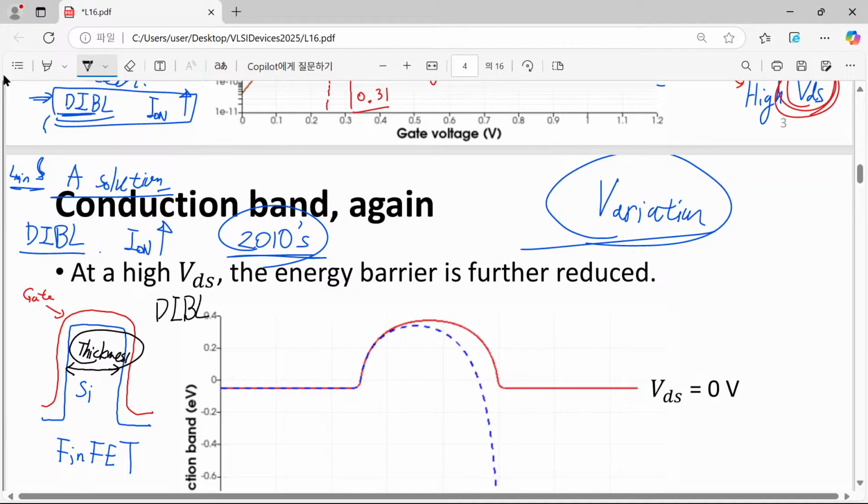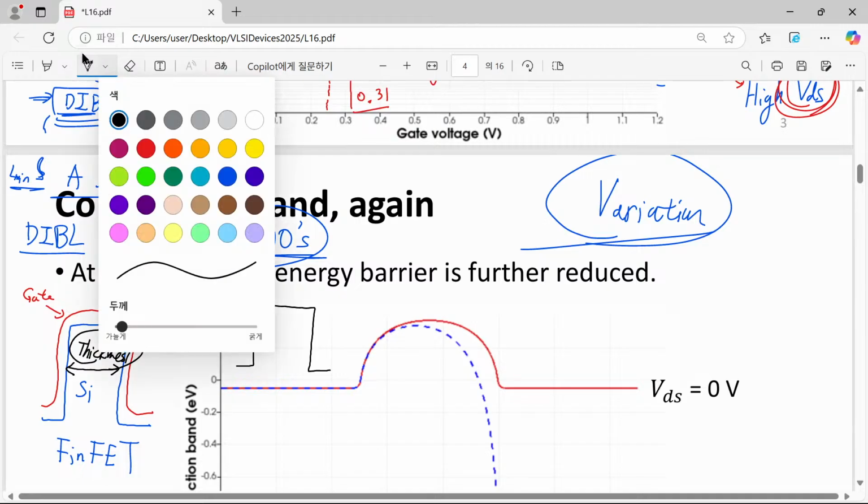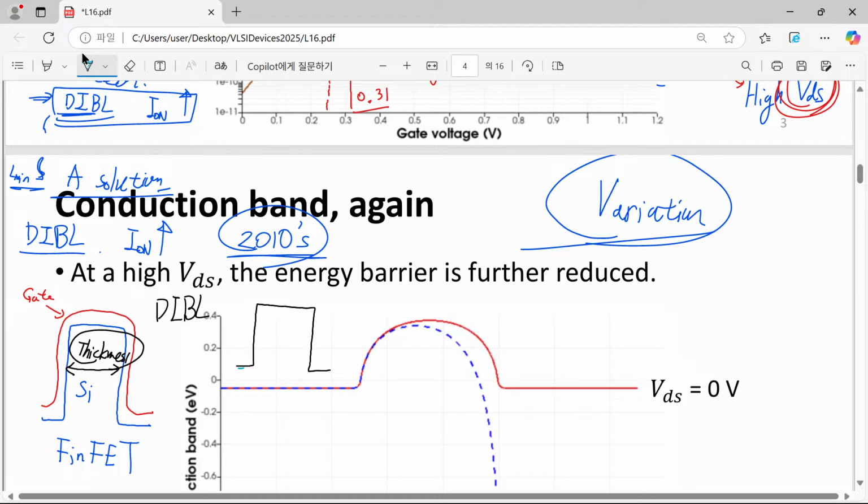Simply speaking, I wanted to say it this way. If you have this device, it will be quite weak against the DIBL phenomenon. However, if you have another device whose cross section looks like this, then this device will be much more robust to DIBL.